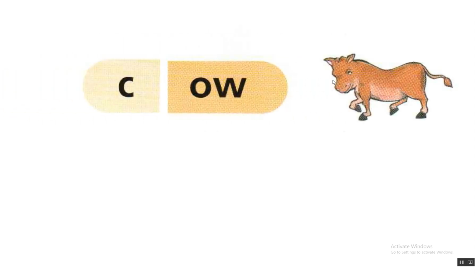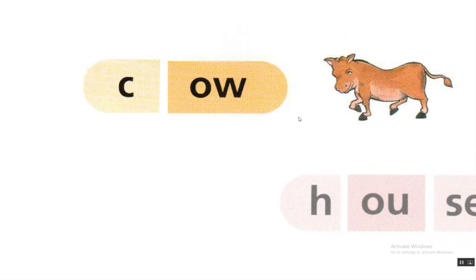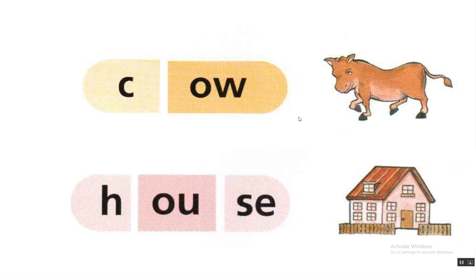So let's have a look at the first word. Cow. K, ow, so that's OW at the end. Cow. House. H, ow, s, house.